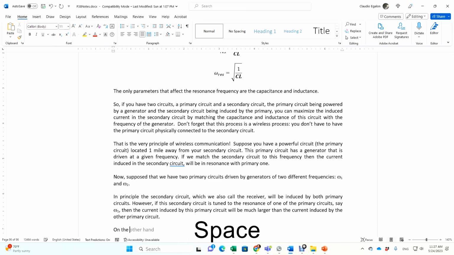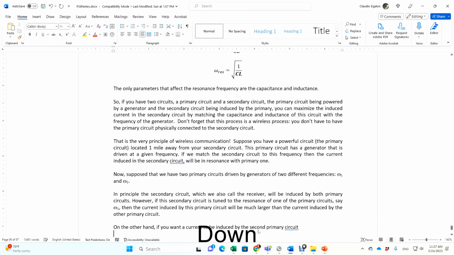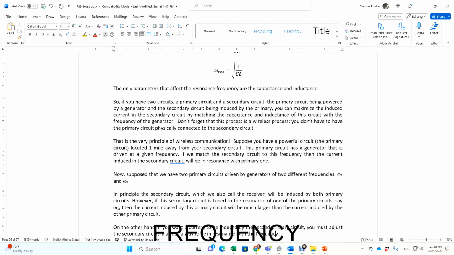On the other hand, if you want a current to be induced by the second primary circuit, you must adjust the secondary circuit in such a way to be in resonance with the frequency of this other primary circuit, omega 2.